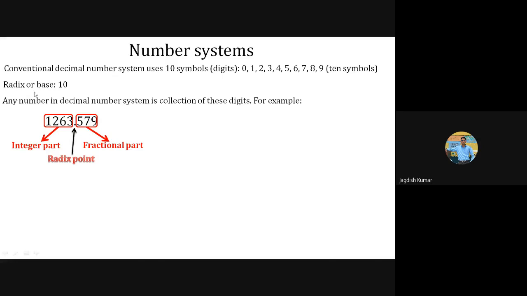Remember, radix in general is 10 in the case of the decimal number system, so that is why we also call this the decimal point. So usually in any number system, whenever we are describing a number, we have three components: its integer part, its fractional part, and something called the radix point in between.